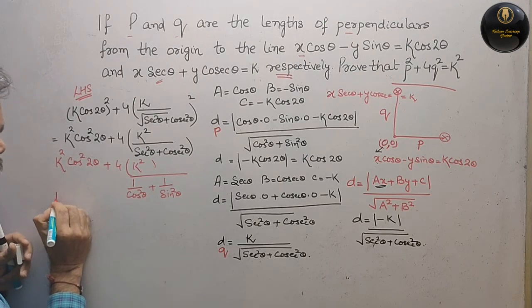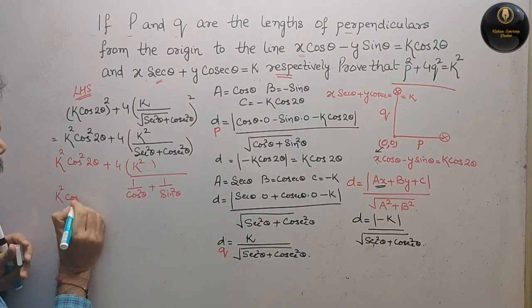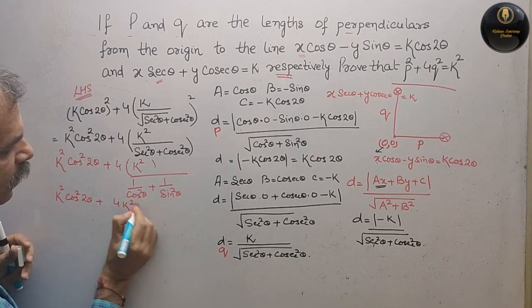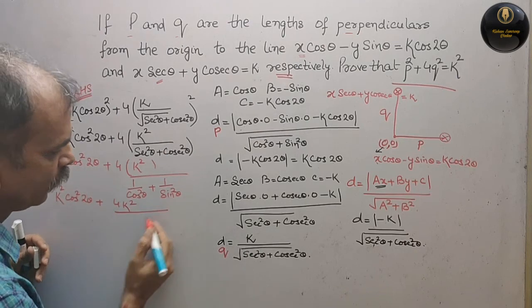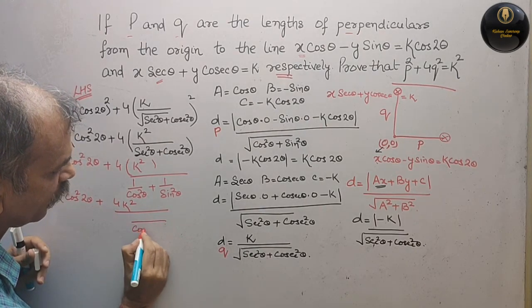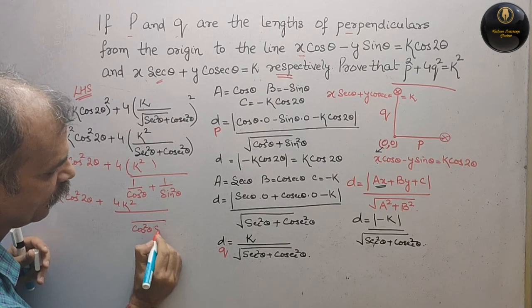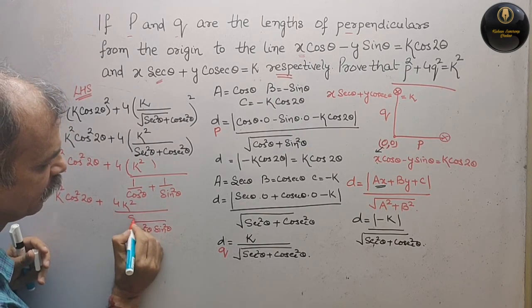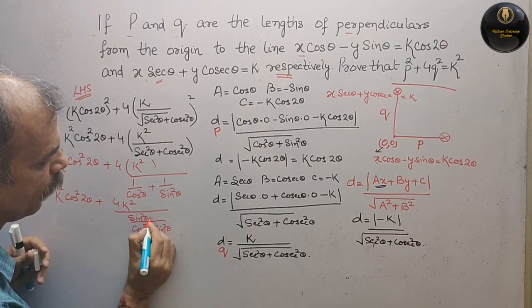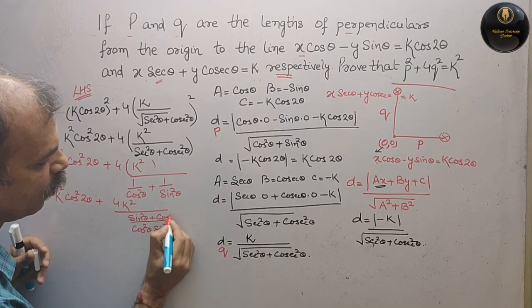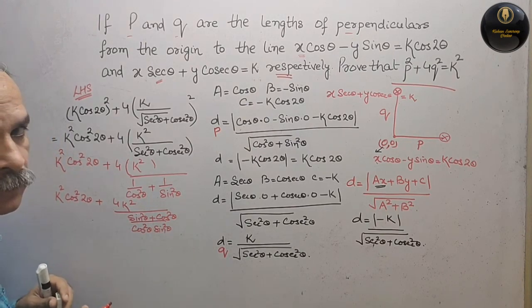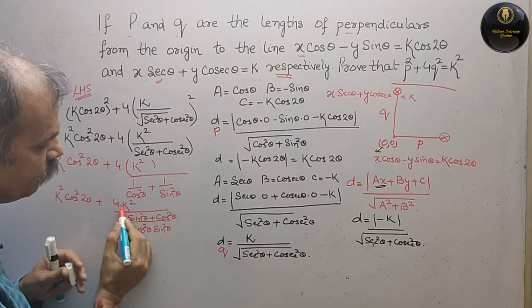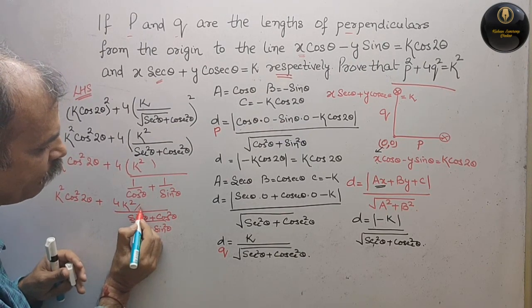We get k square cos square 2 theta plus 4 k square by LCM, which is cos square theta sin square theta, and here it will come as sin square theta plus cos square theta. Now multiply outer to outer and inner to inner.